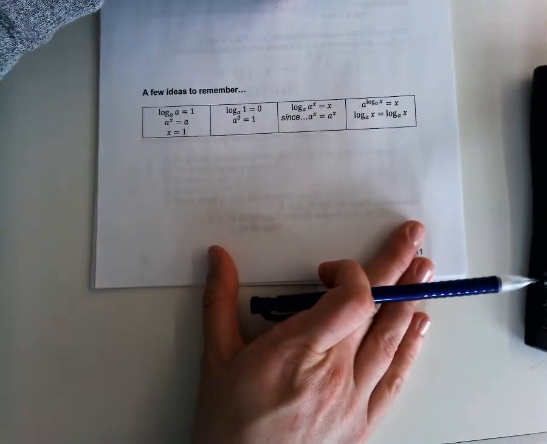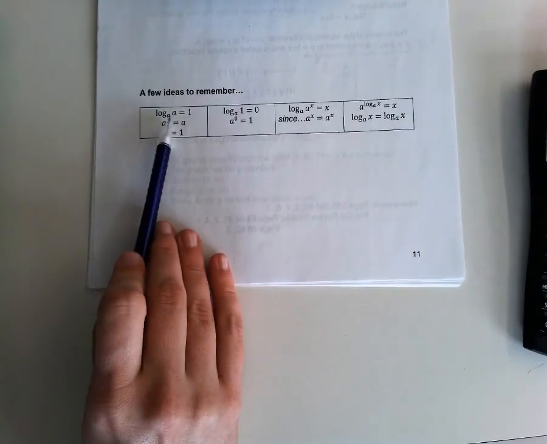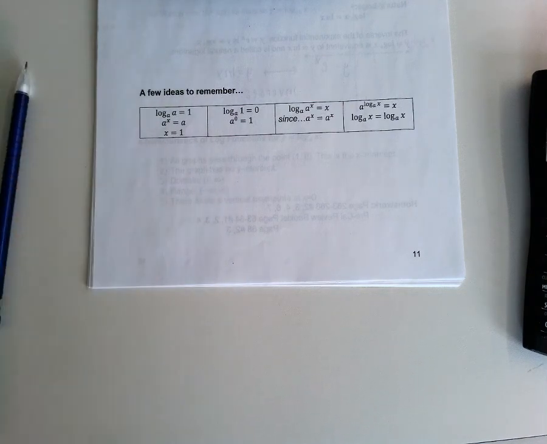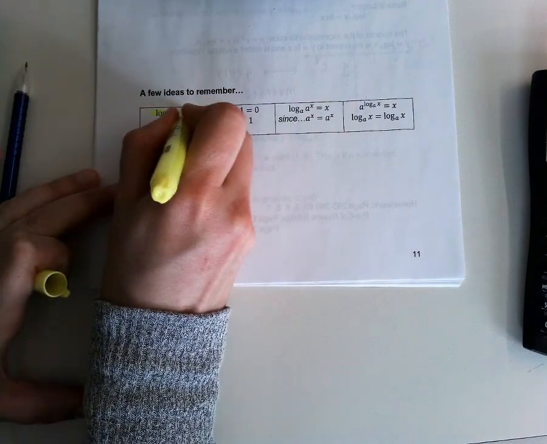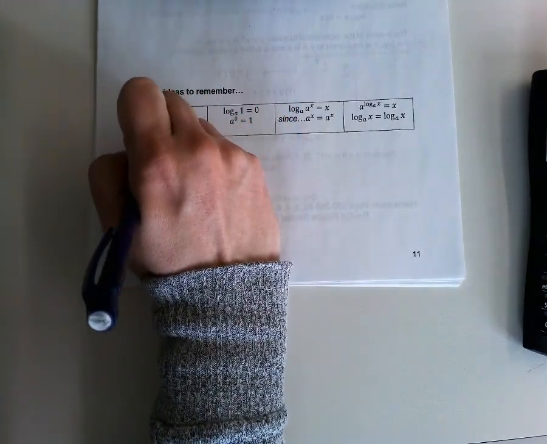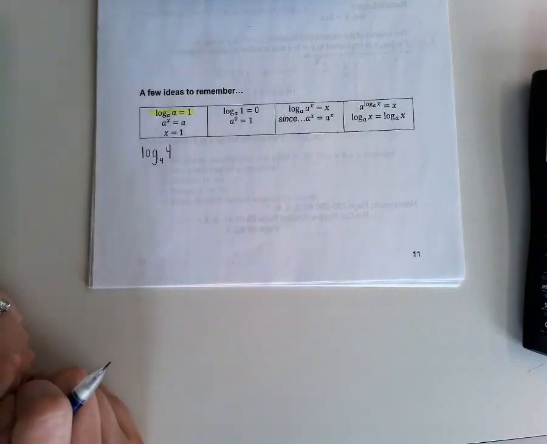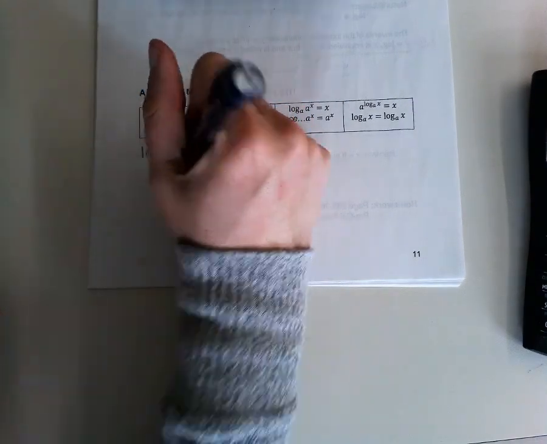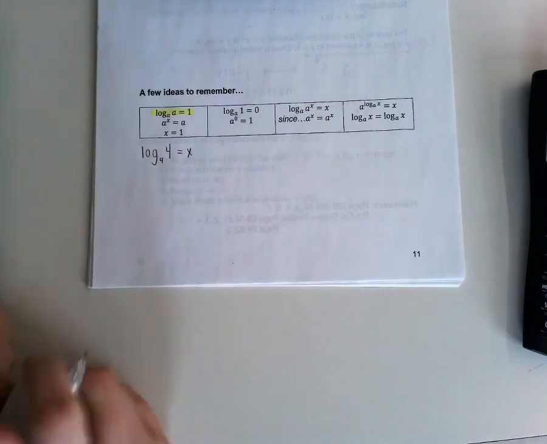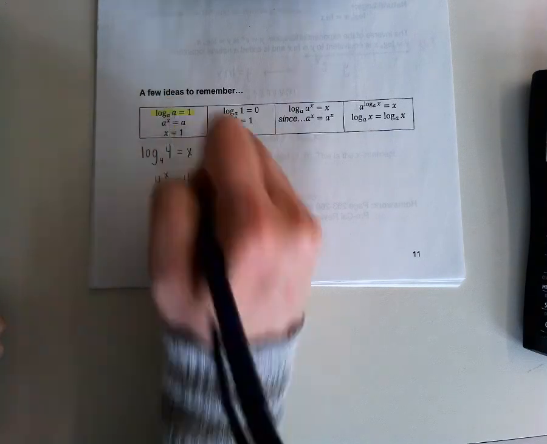So, a few ideas to remember. Here, if we have log base a of a, it will always be equal to 1. And the reason for that, I'll show you an example with an actual number, is that if you have log, let's say base 4 of 4, and we say this equals x, that means 4 to the power of x equals 4.